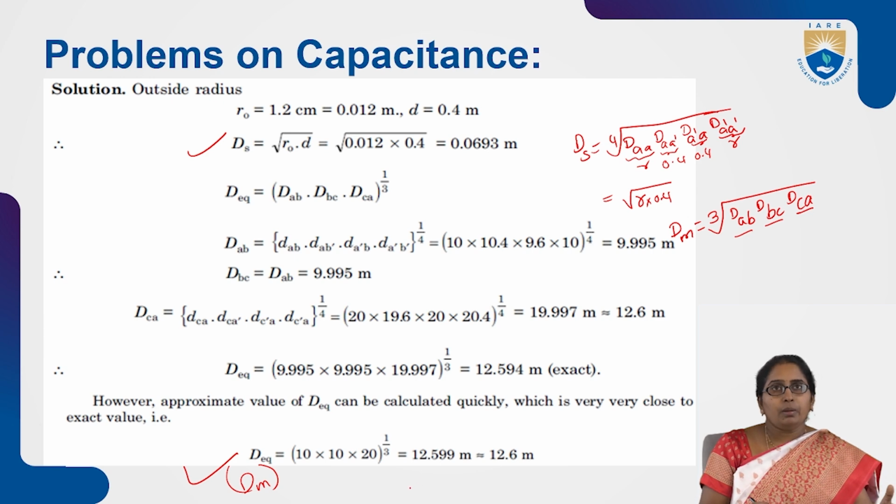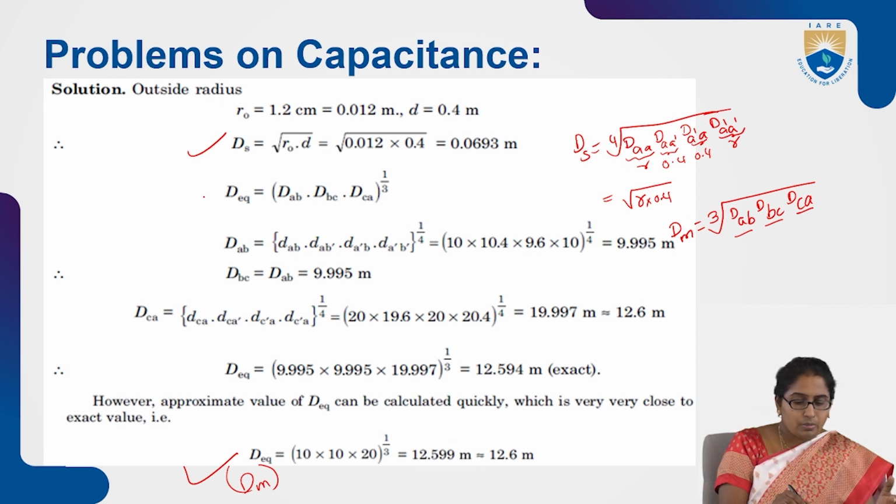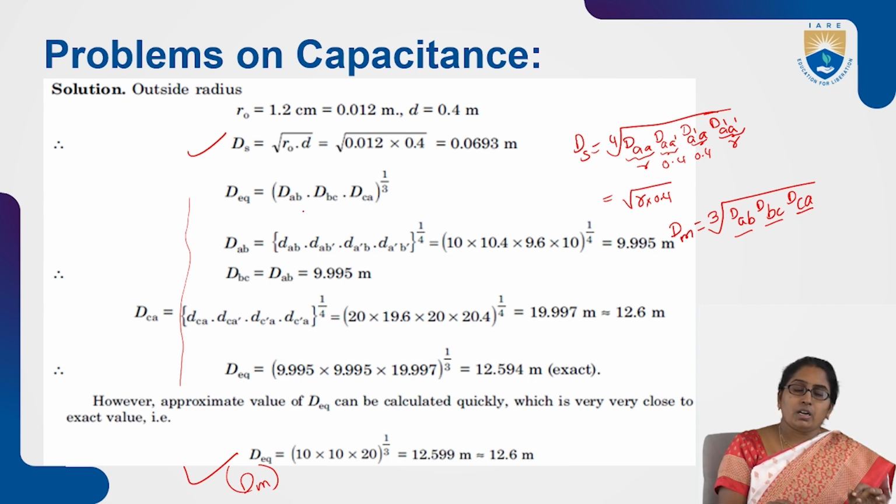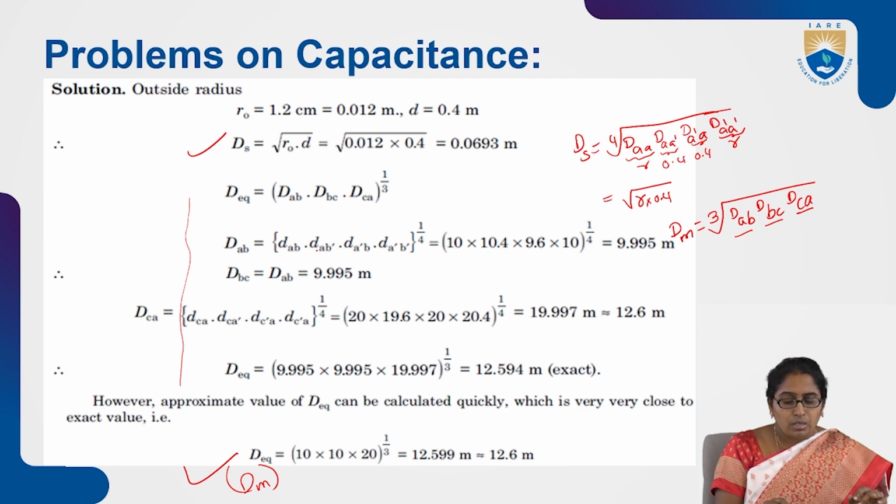Now the same Dm can also be calculated another way. We know that Dm is the cube root of DAB, DBC, DCA. Because each conductor has subconductors, DAB is given by the fourth root of small dab, small dab dash, small da dash b, small da dash b dash.